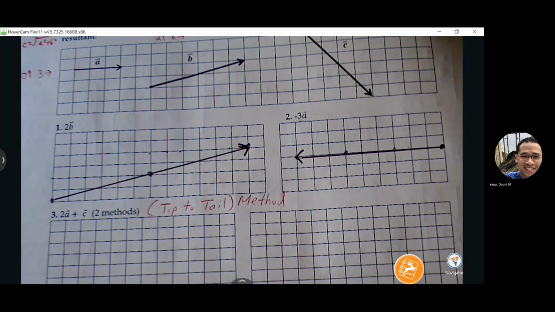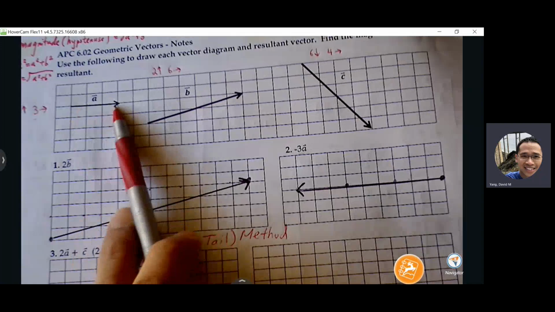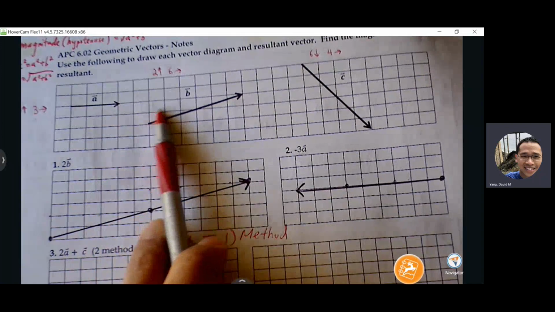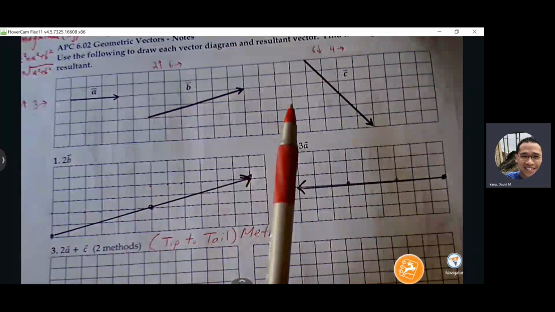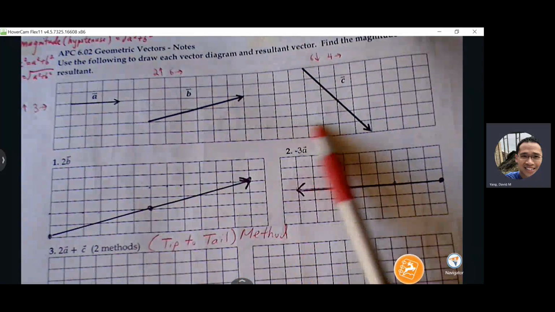So let's look at 2a. 2A means we take the vector A and continue letting it move to the right, but we'll make it have a magnitude of 6. And then C is going to go down 6 and over 4.